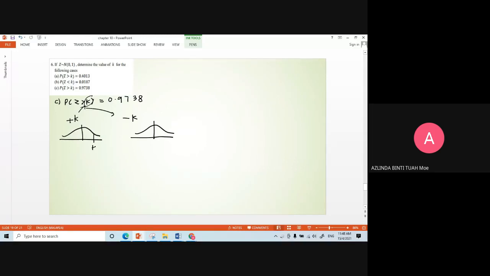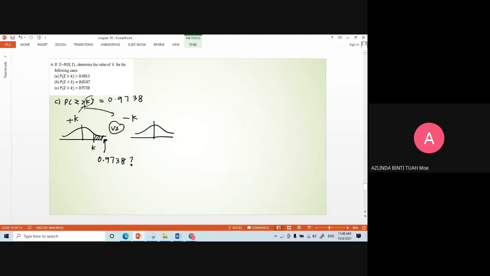Sekiranya K itu bernilai positif dan Z greater than K berada di sini, adakah area ini melambangkan sebesar 0.9738?